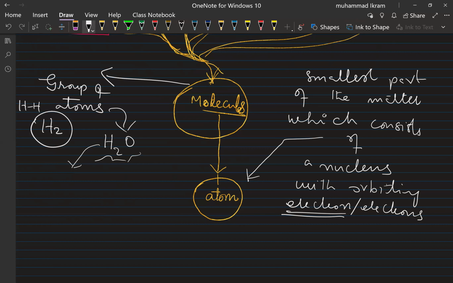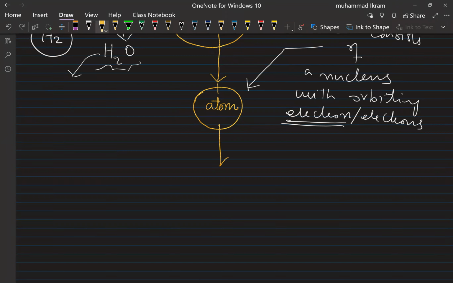more electrons. So even atom is further divisible. The atom consists of the nucleus with orbiting electrons, and the electron moves around the nucleus in a fixed orbit, right?